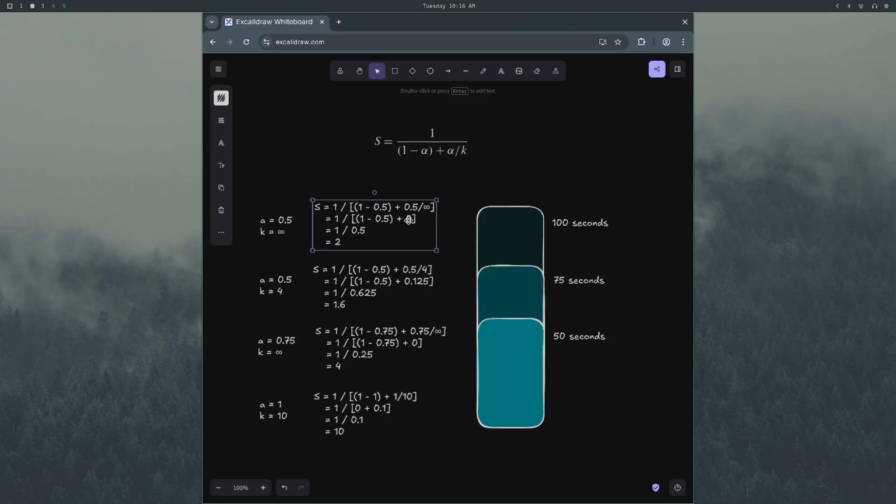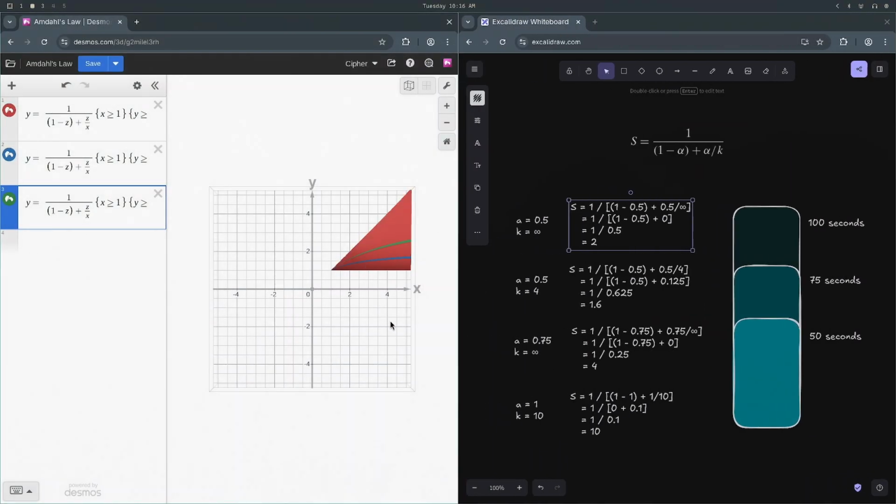So this whole term goes to zero, and you end up seeing that you're bounded by 2. If I pop back out here, this blue line represents that bounding. You can see how as you improve the optimization of this process, the speedup that you get is bounded by 2.